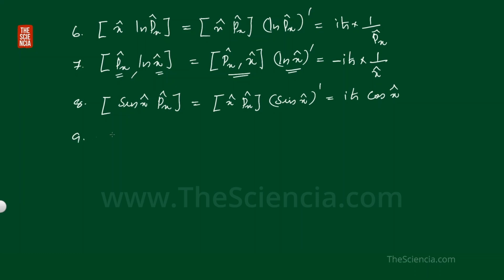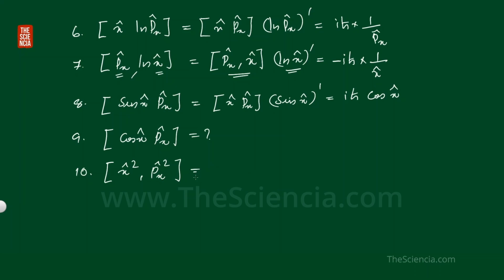So try this problem, that is cos x cap, px cap, and the 10th one, commutator bracket x cap square, px cap square. Solve this by yourself, okay? And I tell you this one because it has little importance.